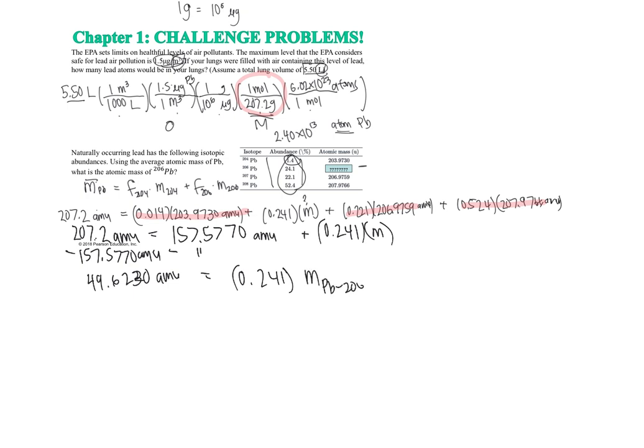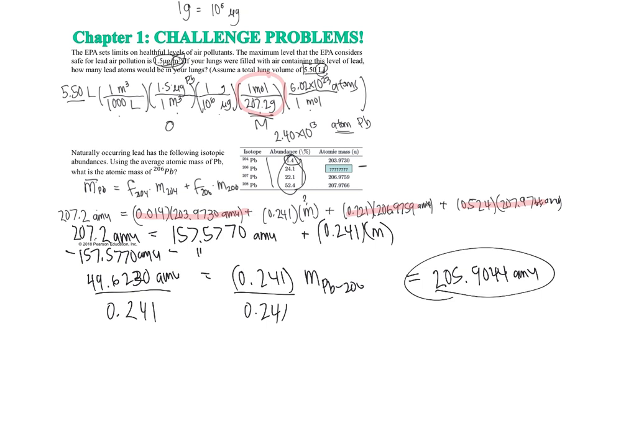So now to solve for that mass, we're going to divide by 0.241. And we get our mass is 205.9044 AMUs. And just a concept check, it should be close to 206, and if we round, it would be. So that is our final answer.